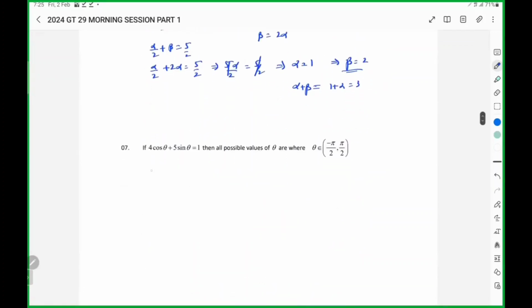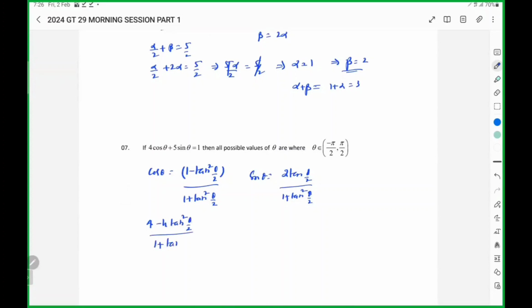And here it is cos theta by 1 plus tan square theta by 2, plus 2 tan theta by 2 by 1 plus tan square theta by 2. It's 4 minus, plus 5 into 2 tan theta by 2 by 1 plus tan square theta by 2 is 4.